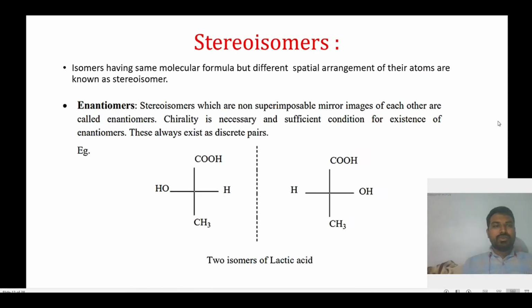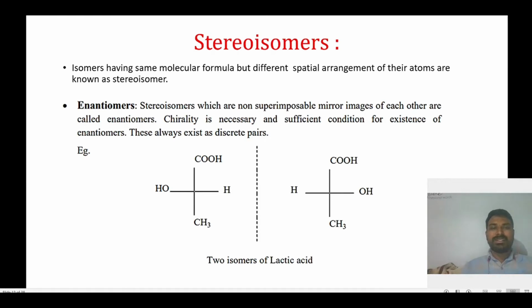Now stereoisomers. Isomers having the same molecular formula but different spatial arrangement of their atoms are known as stereoisomers, and stereoisomers have two parts, that are enantiomers and diastereomers. Stereoisomers which are non-superimposable mirror images of each other are called enantiomers. Chirality is the necessary and sufficient condition for existence of enantiomers.